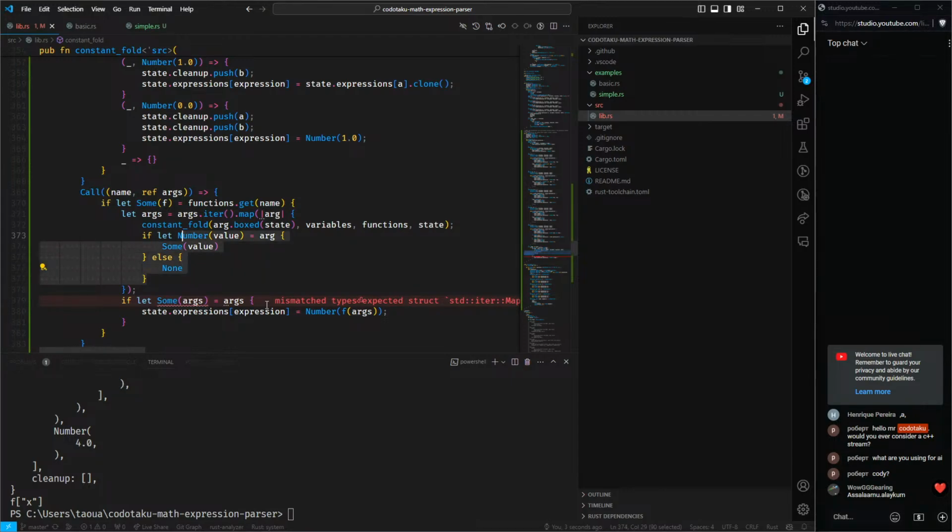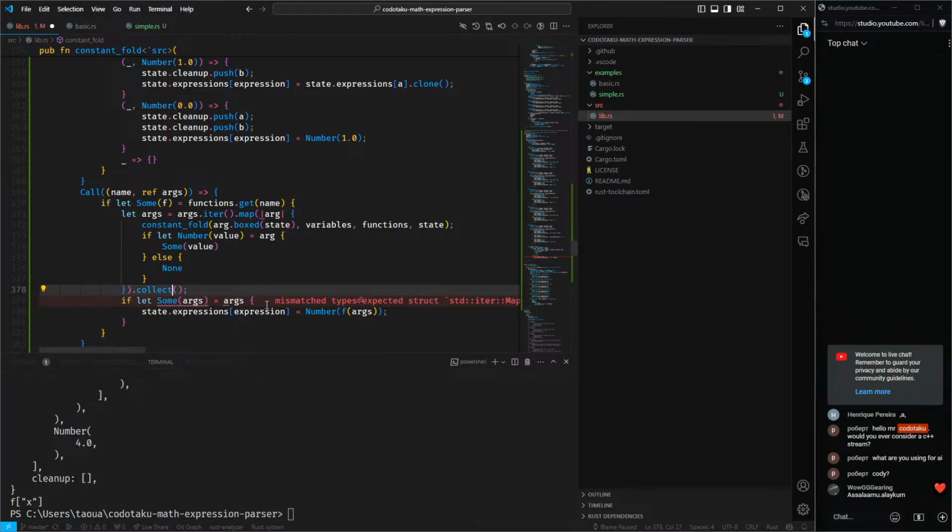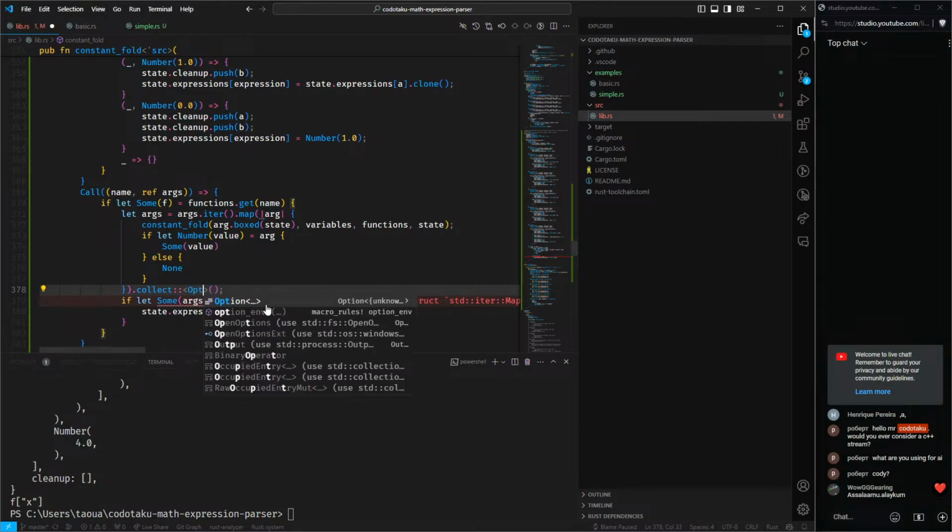So, can we do this better though? Well, isn't that just arg dot? What? Well, anyways, else None. And other than that, let Some args. Oh, yes, I see now what the AI was trying to do. It's basically collecting those options into an option.